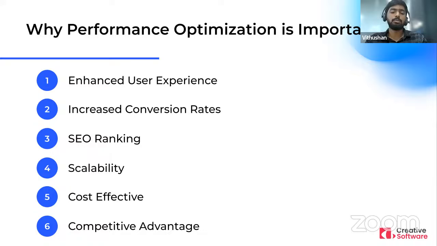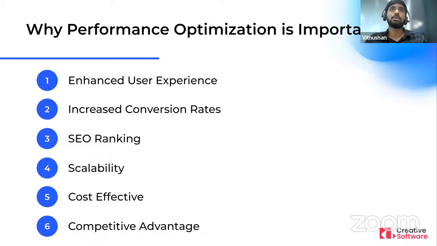Then, optimized applications often require fewer resources and less server capacity, which can reduce the operational cost of the business as well. It is a major factor when deciding the profitability of an application. And a well-performing app stands out in a crowded market, giving you an edge over competitors who might not prioritize optimization.